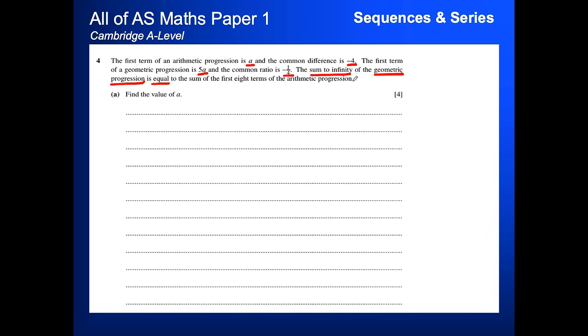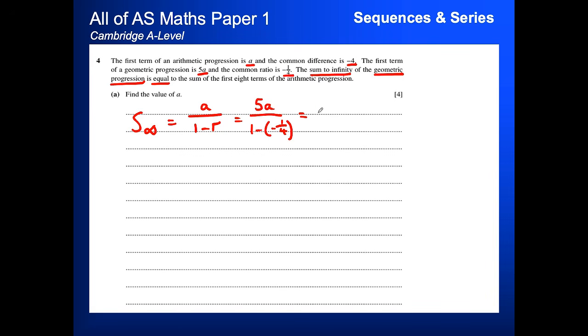So I'm going to start with the first part here, which is the sum to infinity of a geometric progression. So this is a formula that you need to know. So S infinity is equal to a over 1 minus r, where a represents the first term and r represents the common ratio. So if we substitute the a here for 5a and the r for minus a quarter and pop that in, we get then 5a over 1 minus a quarter.